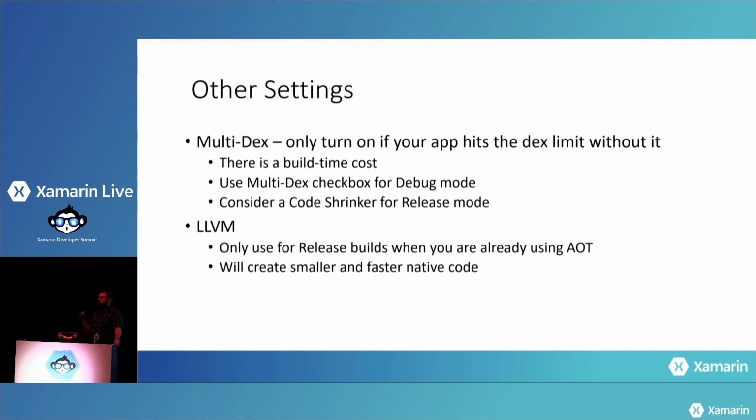Yeah, using the code shrinker will strip any Java code. So any library that you have in your app, it's going to strip it out. One thing to mention is just like the linker, it might strip out too much. And so they have rules to prevent stripping certain types if that happens. So there is a little work to enable ProGuard.